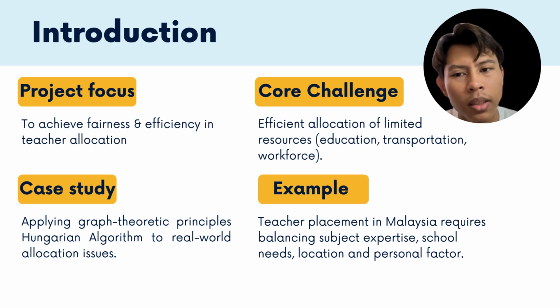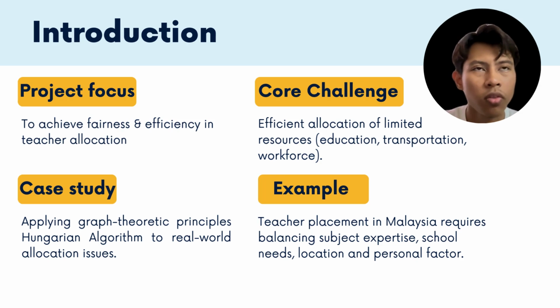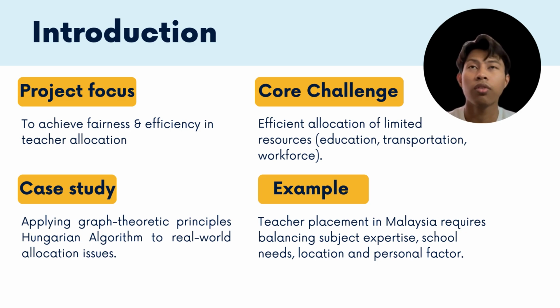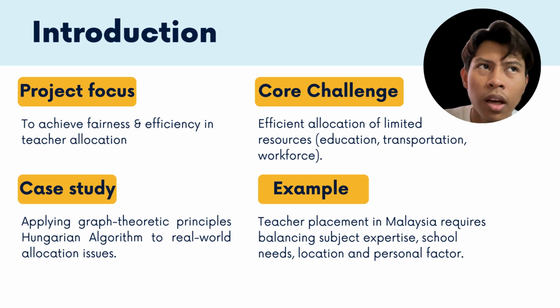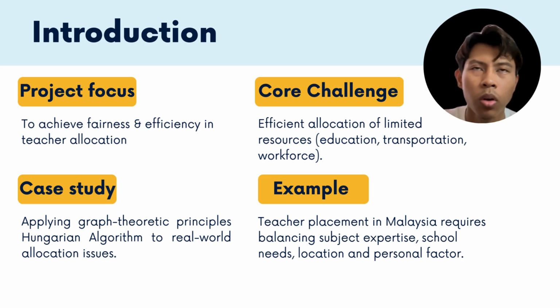A real example is the Intelligent Teacher Placement Selection or ITPS model, which improves how teachers are matched to the schools. So in this project, we focus on how this graph theory concept can solve real allocation problems, making resource distribution more efficient and fair.